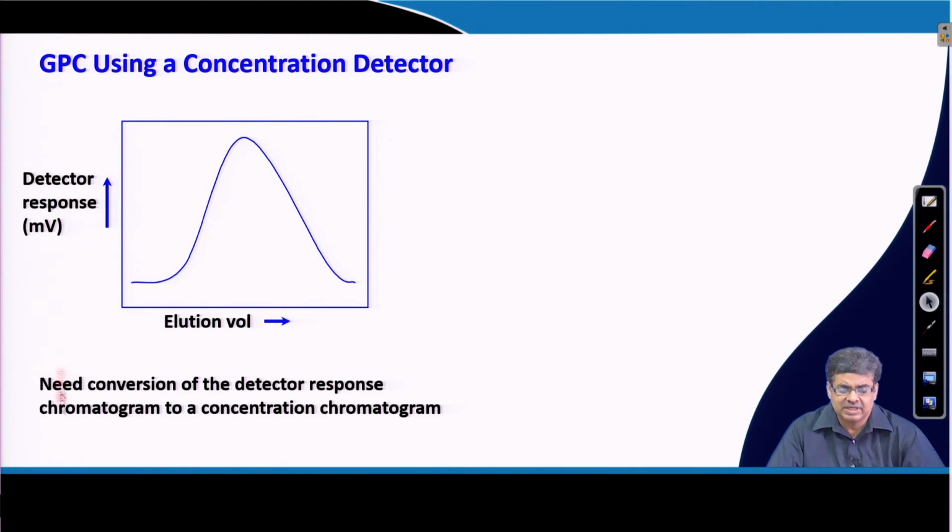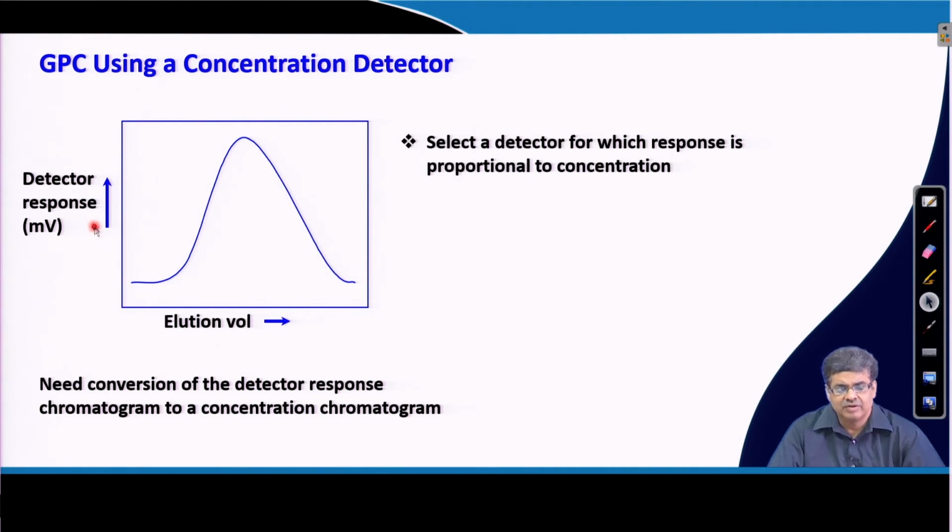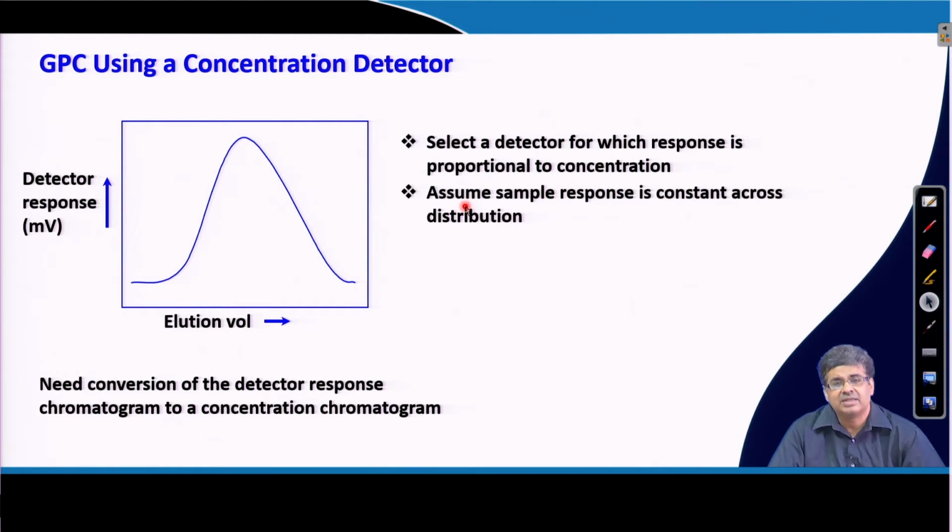First we need the conversion of a detector response chromatogram to a concentration chromatogram. For that we need to select a detector for which the response is proportional to the concentration of the sample, and this proportionality factor does not depend on the molecular weight of the sample, which means we can assume that the sample response is constant across the molecular weight distribution.